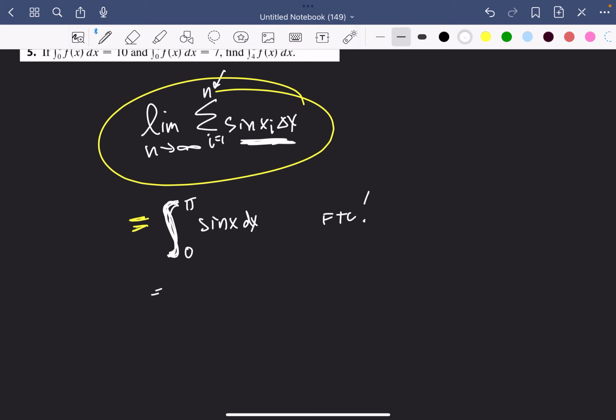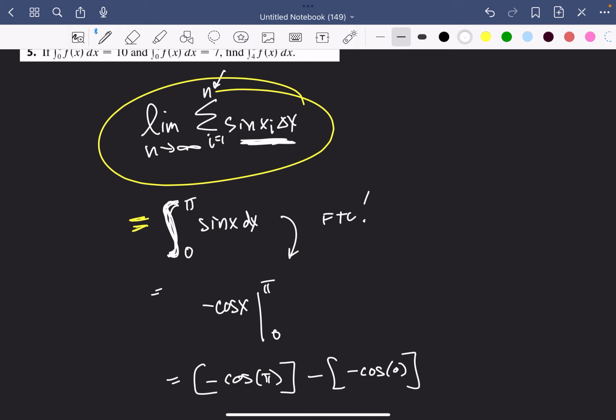Fundamental theorem of calculus. And what it tells me is to take the antiderivative of sine, and that's negative cosine, because the derivative of cosine is negative sine, so I need a negative. And we're going to evaluate that at 0 and pi. So I'm going to take negative cosine, plug in pi, then subtract negative cosine, plug in 0.